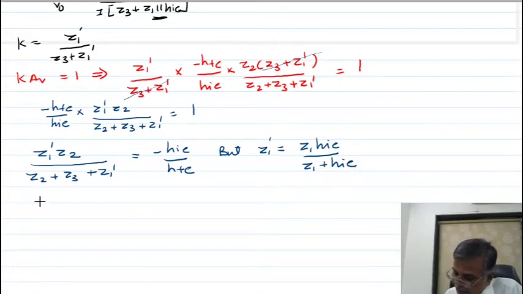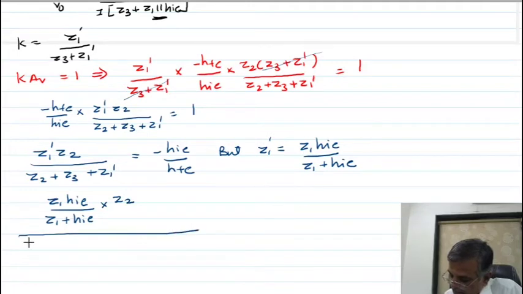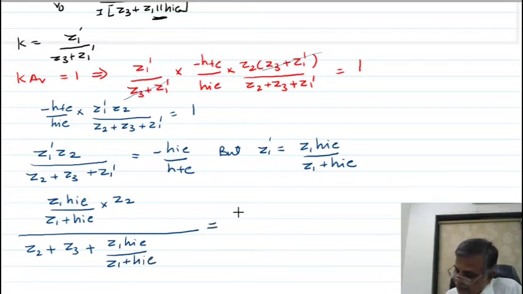So Z1 HI upon Z1 plus HI into Z2 upon Z2 plus Z3 plus Z1 HI upon Z1 plus HI is equal to minus HI upon HAV.